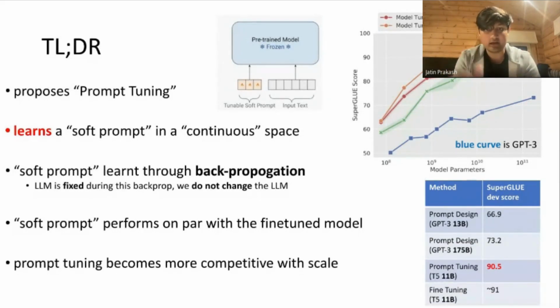One trend is that prompt tuning, or the soft prompts, perform significantly better than these hard or discrete prompts. The other thing is, as we increase the model size, the gap between prompt tuning and fine-tuning decreases. And when we reach this 11 billion mark, it's actually the same as the fine-tuned model performance.